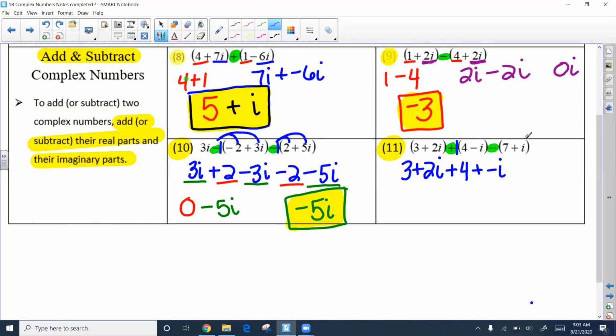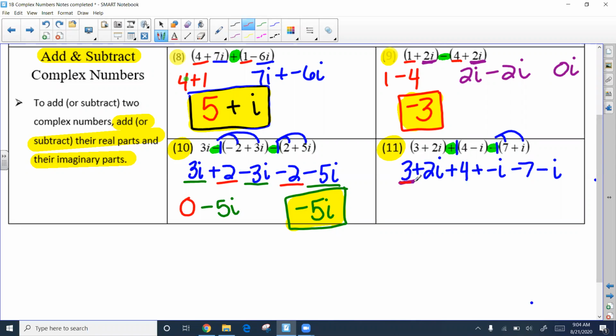Now right here, you have to be careful with your signs, because we are subtracting a 7, and then we are subtracting an i. Or you can think of it like a −1, and so we get a −7 and a −i if we distribute that.